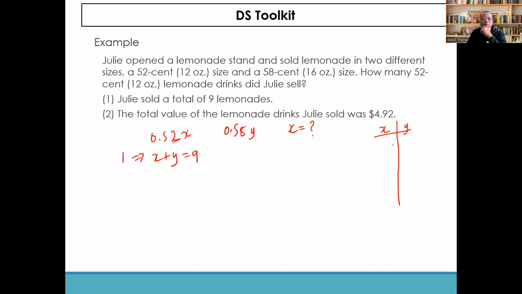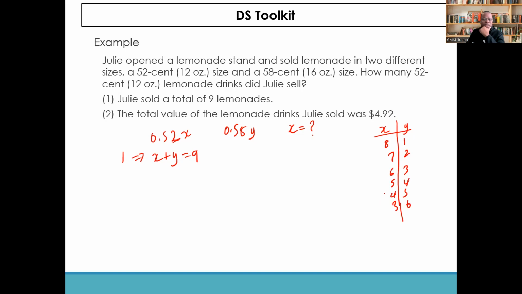That's not possible because she sold both. So the most it can be is 8, 1, then 7 and 2, then 6 and 3, 5 and 4. Then also vice versa, 4 and 5, and then 3 and 6, till we reach the very end. You get the logic.